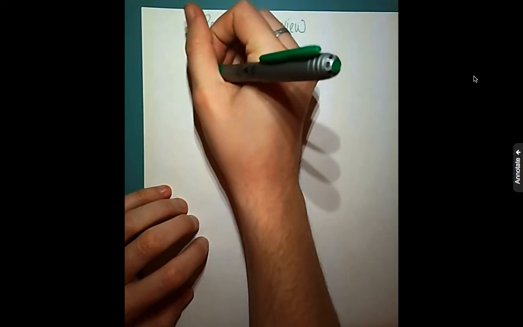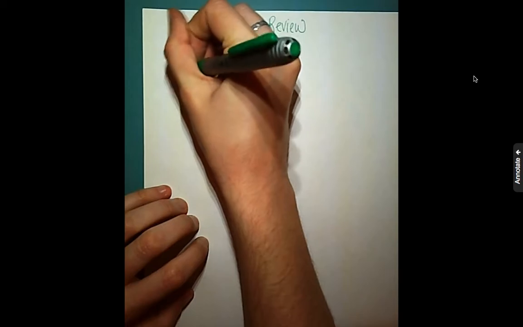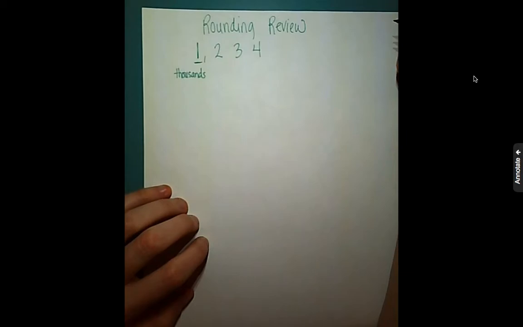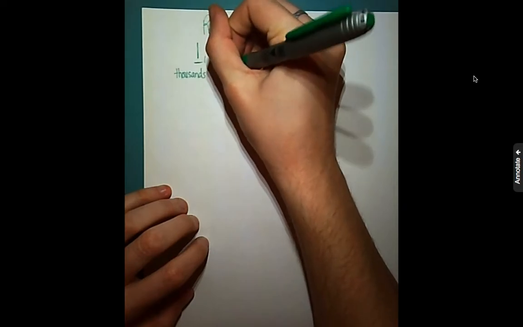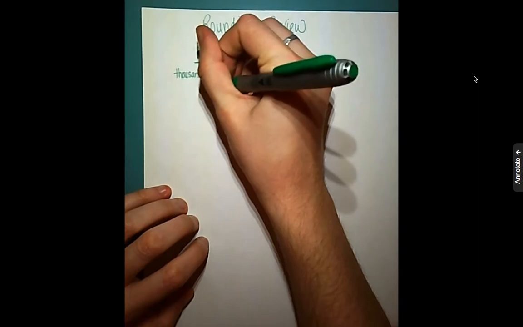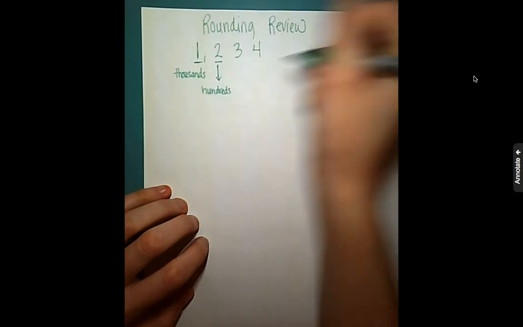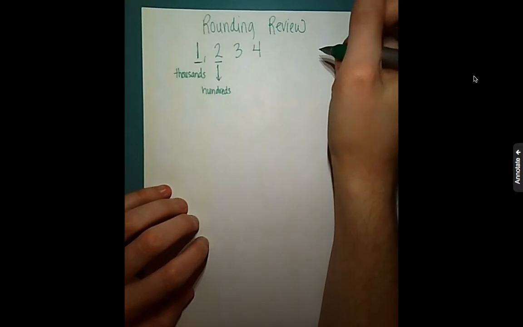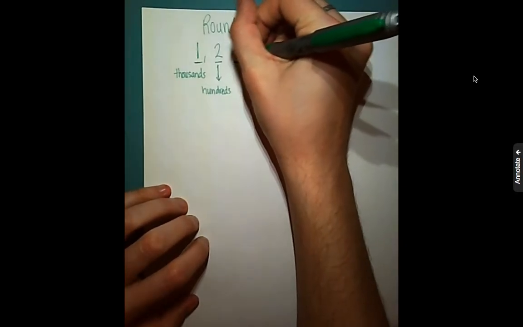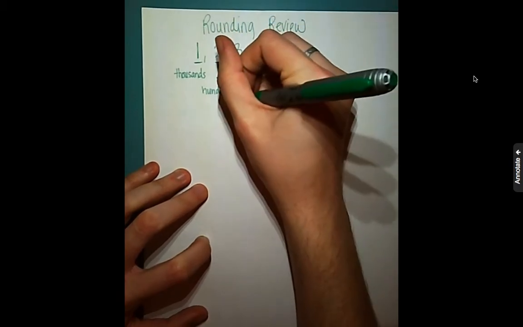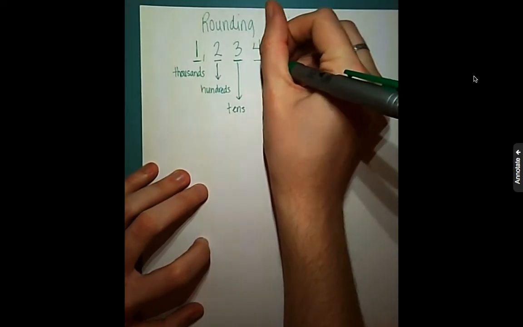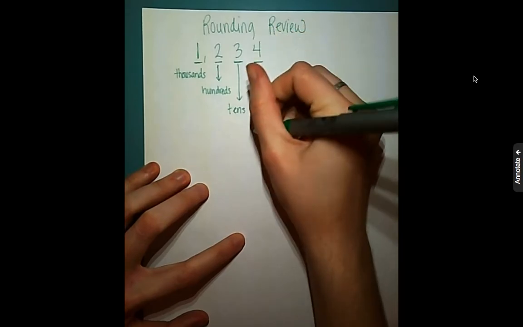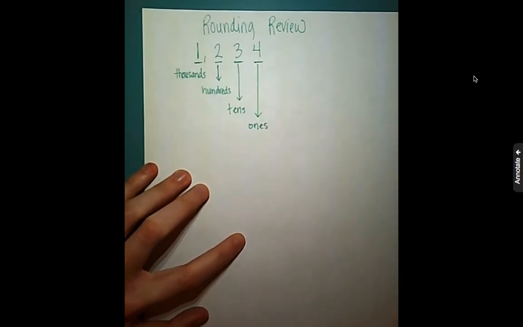So 1 is in the thousands place, okay? 2 is in the hundreds place, okay? 3 is in the tens place. And then 4 is in the ones place, okay?